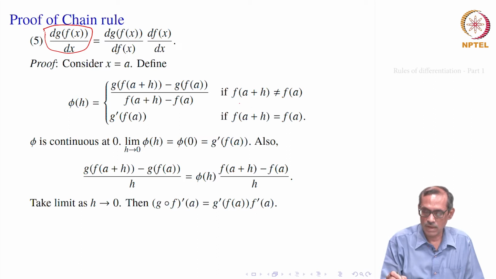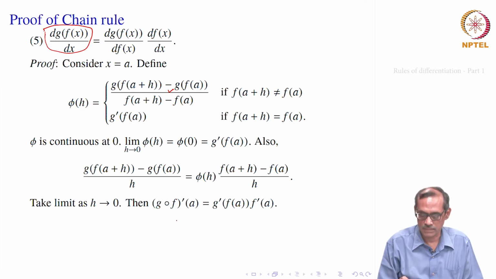So, once that applies, this divided by h, that would give phi of h times f of a plus h minus f of a by h. It is just applying this formula whenever f of a plus h is not equal to f of a.